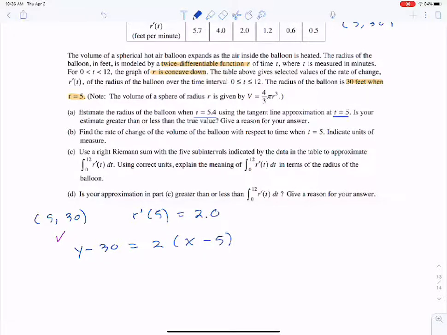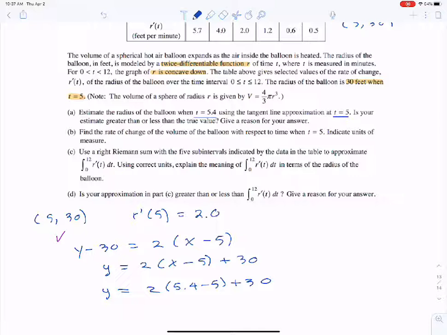They didn't ask you to do it, I think. Let me double check. Nope. I'm going to just solve this for y, for ease of use, but I don't have to. Okay, there's the equation of my tangent line. Next, I'm supposed to evaluate this at 5.4. So I get y equals 2 times (5.4 minus 5) plus 30. Remember, you're done here.